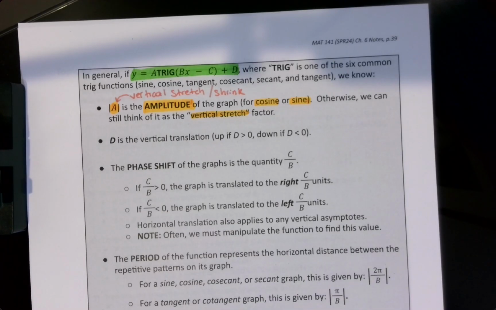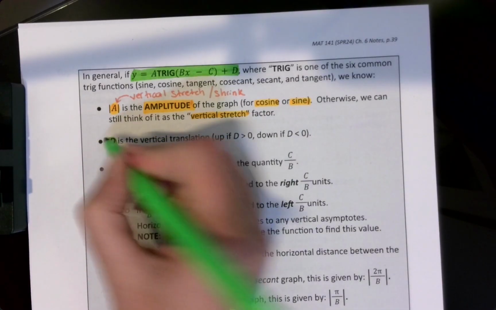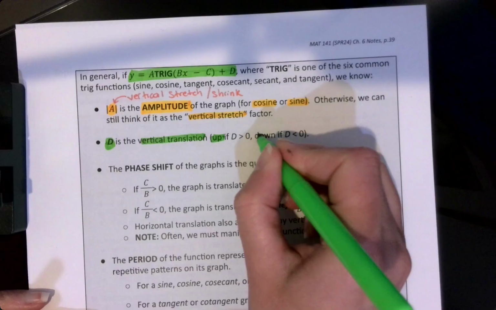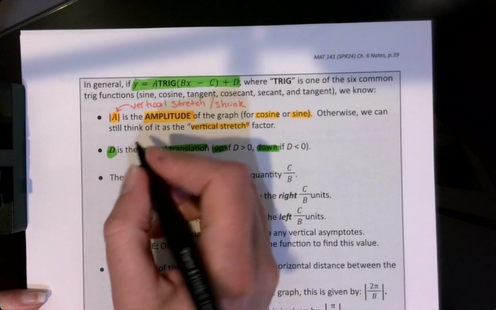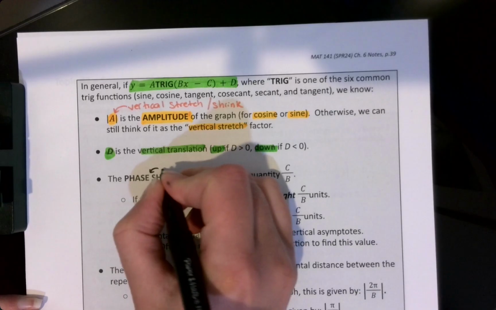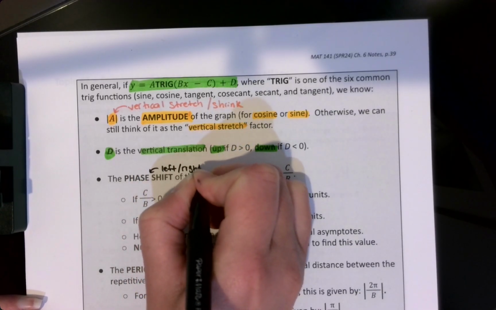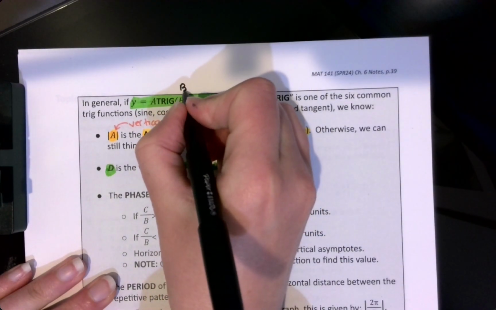All right, other values. So D, this value on the end, is the vertical translation. So my upshift or my downshift, depending on if it's bigger than 0 or less than 0. The phase shift is going to be a shift left or a shift right. Remember, we need to factor B out.